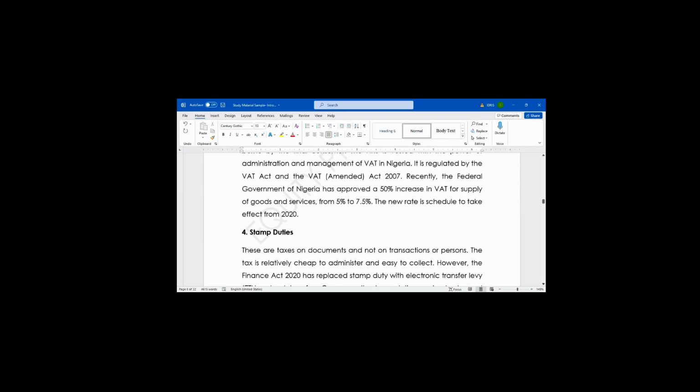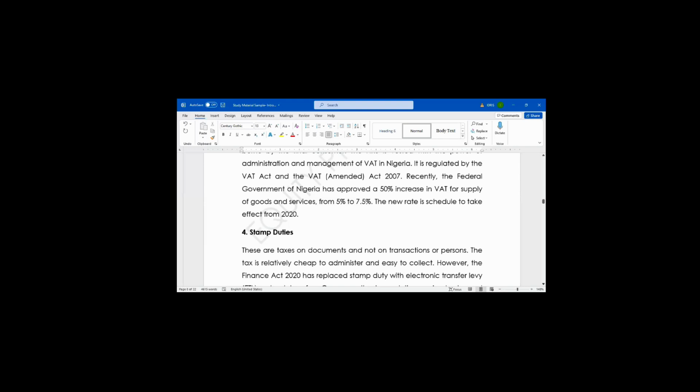Another type of indirect tax is called stamp duties. Stamp duties are the duties or levy imposed on a document so that such a document can serve as legally binding.